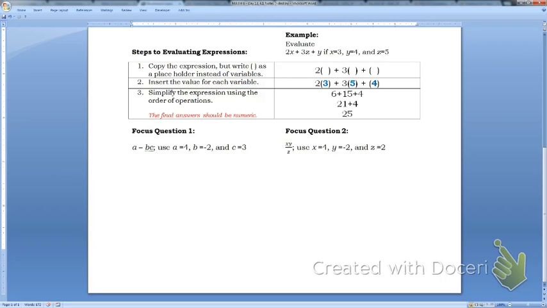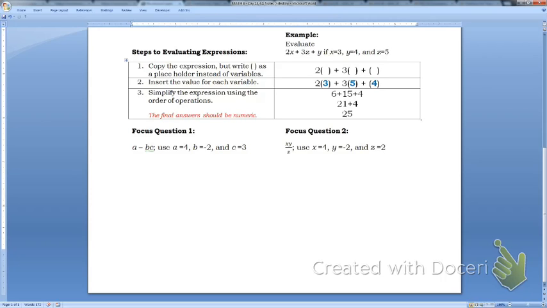The second step is to insert the value that you're given for each one of the variables. Be cautious because the variables in the problem may not be in the same order as they're given to you. For example, in the expression, you have x, z, then y, but the variable values that they give you are in x, y, and z.